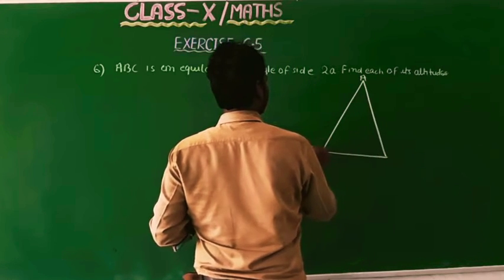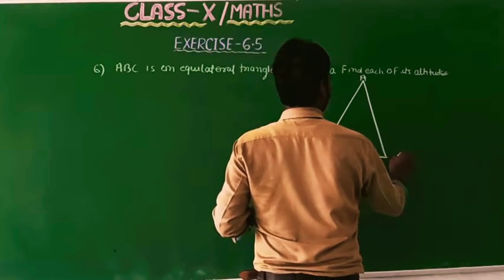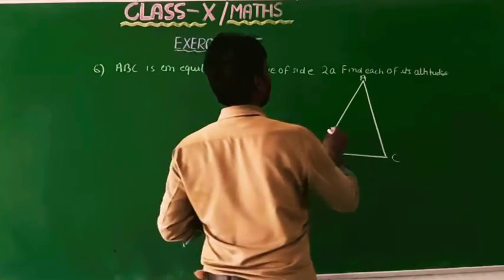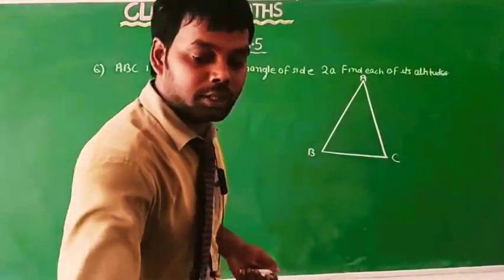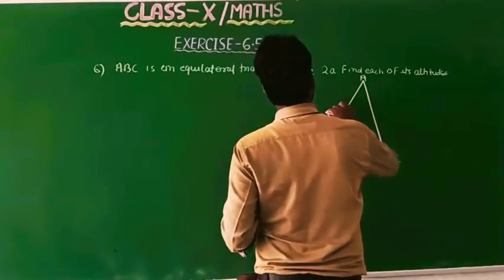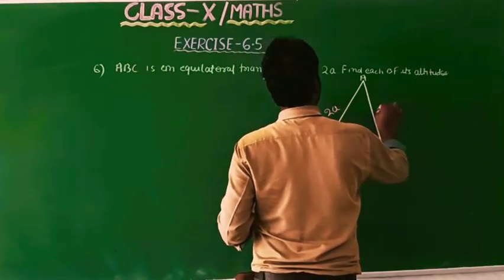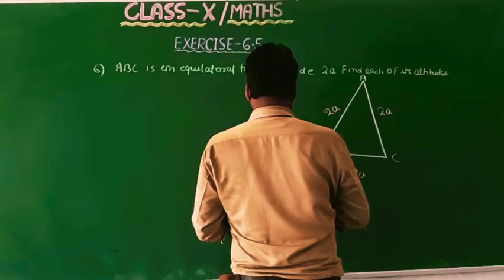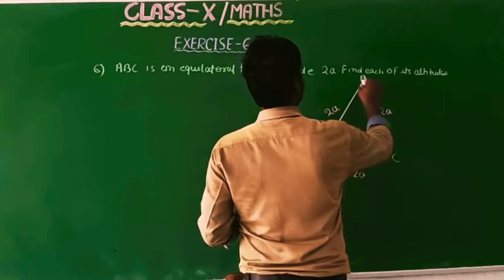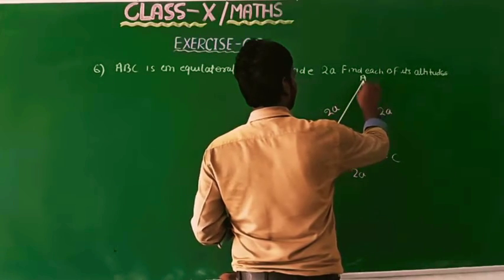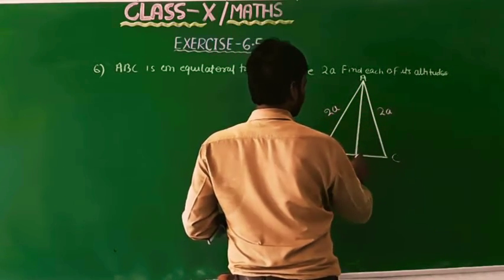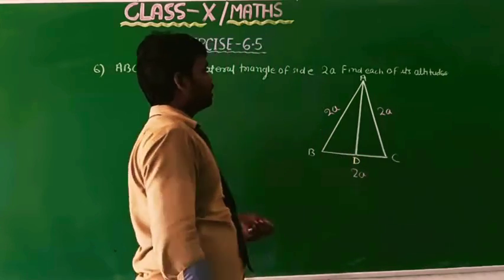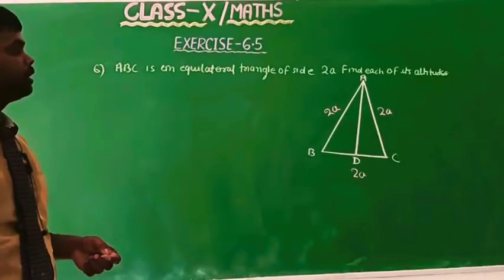Triangle ABC having side 2a. And now let us draw the altitude from A on BC.